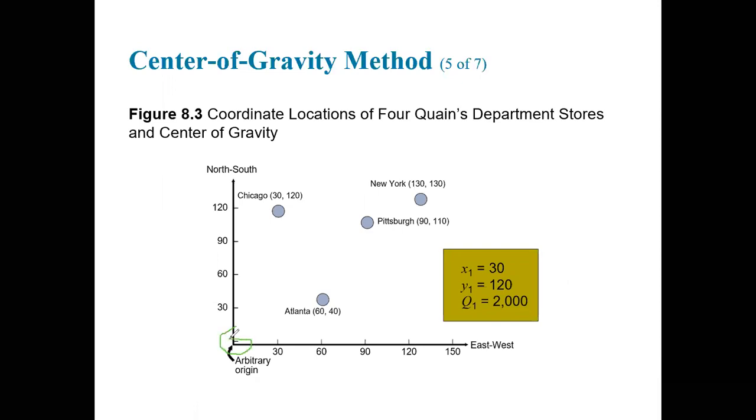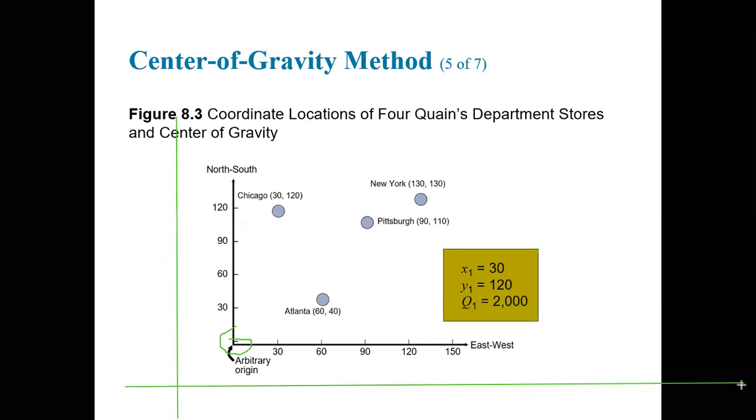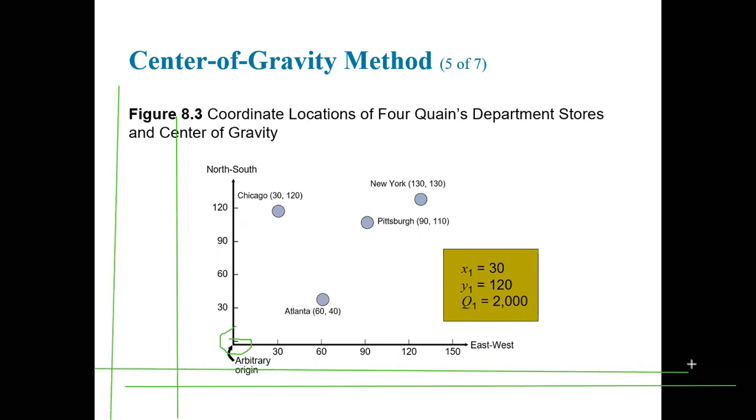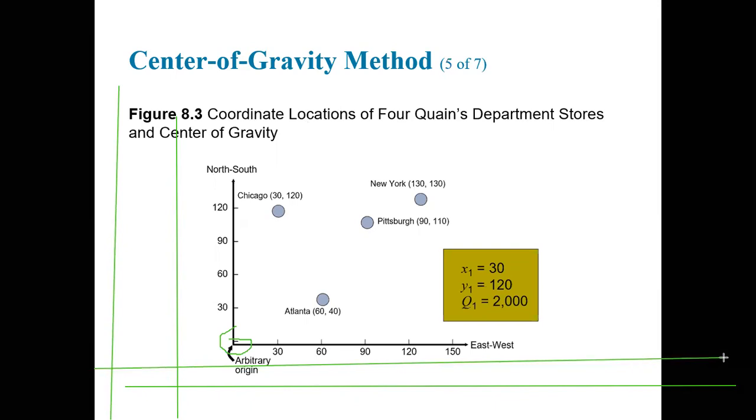And remember, it's an arbitrary origin, so it doesn't matter if my grid was over here, or I plotted it from like over here, okay? The result will be exactly the same.